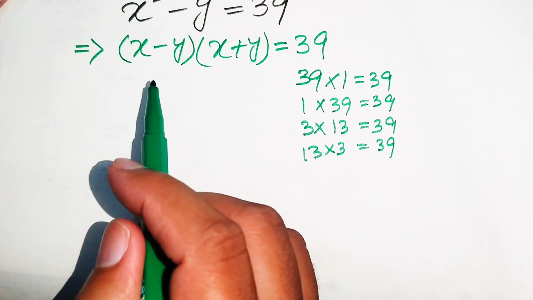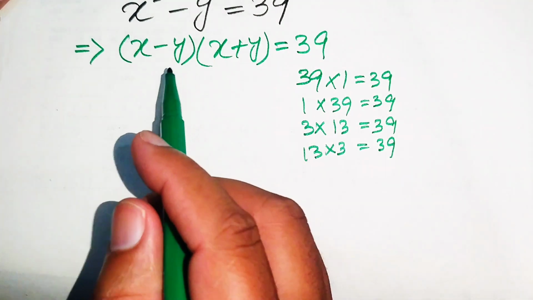Focus on the left-hand side, where we have (x − y)(x + y).